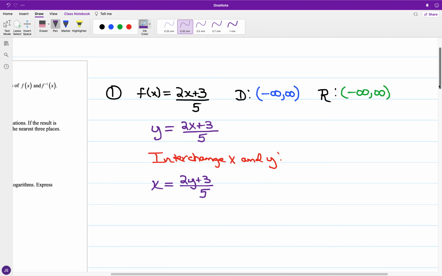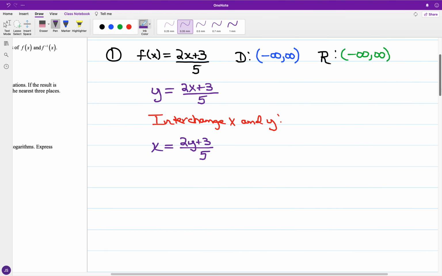In the case of solving for y, I can just multiply this equation by 5. So you have 5x is equal to 2y plus 3. And then we have getting the y term by itself.